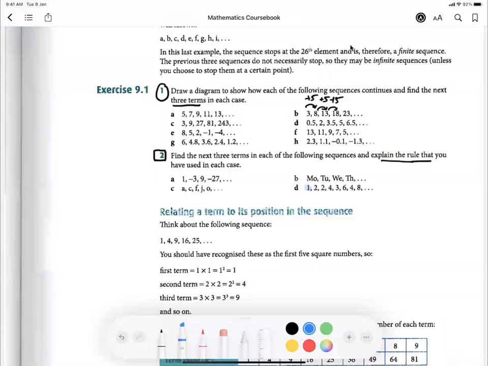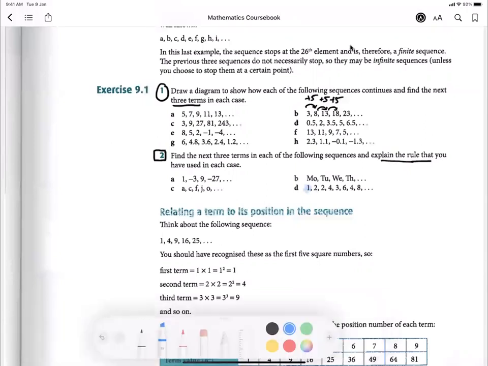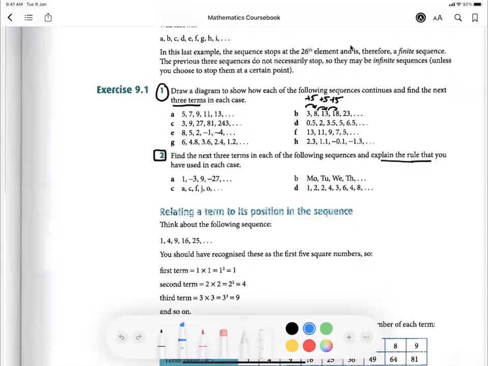So this one plus this, add the previous term. Is it? 1, 2, 2, 4, 3, 6, 4, 8. Plus 1, plus 0, plus 2, minus 1, plus 3, minus 2, plus 4.